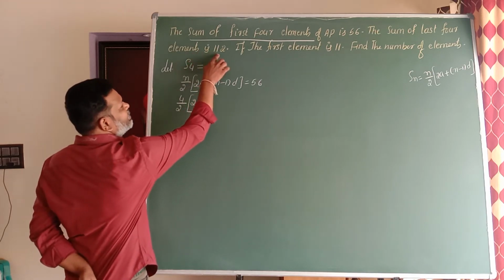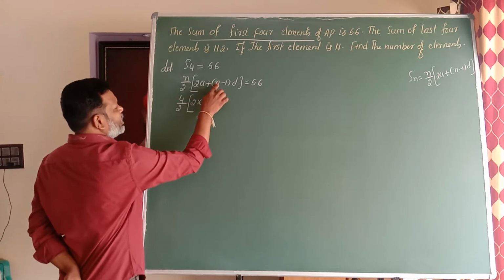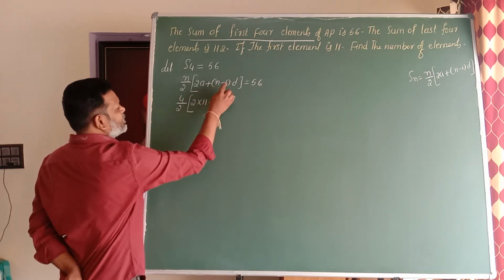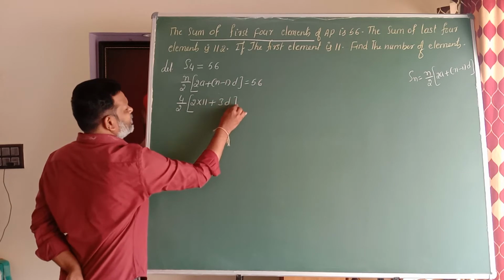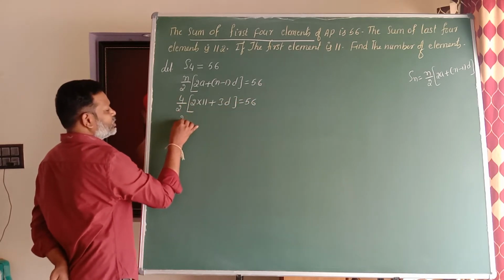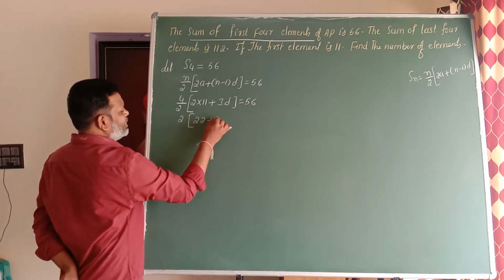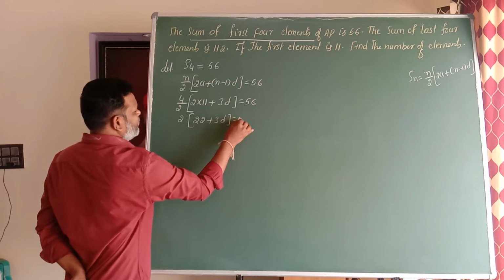The first element, that is 11, plus n minus 1, where n is 4, 4 minus 1 is 3d. That is equal to 56. Now 4 by 2 is 2. 2 into 22 plus 3d is equal to 56.